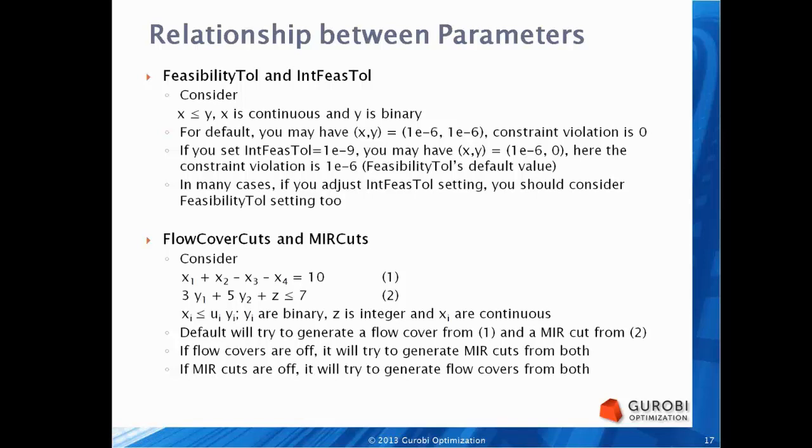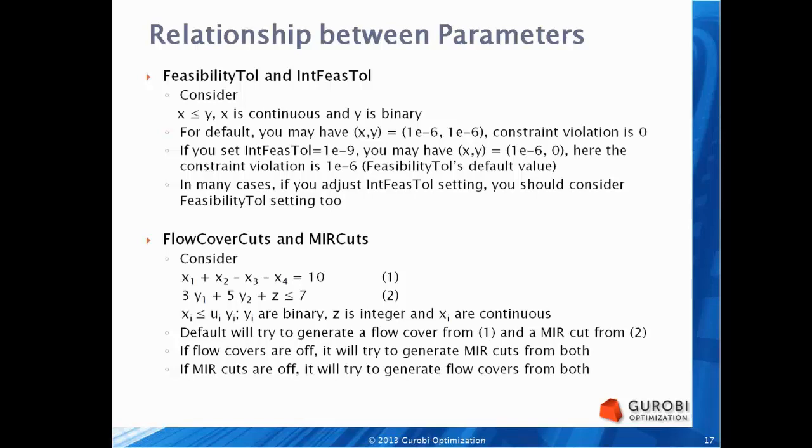And if you don't like it, I think it's too big, then you may consider tightening the integer feasibility tolerance to, for example, 10 to the minus 9. And then you resolve it. You may get x equal to 10 to the minus 6, but y equal to 0. That looks good, so then no integer infeasibility.